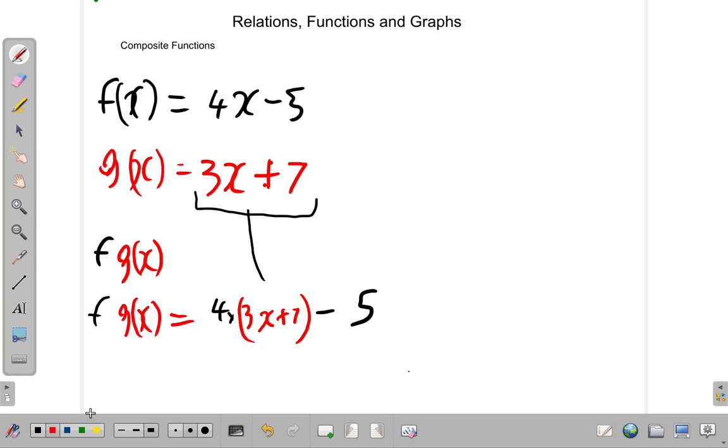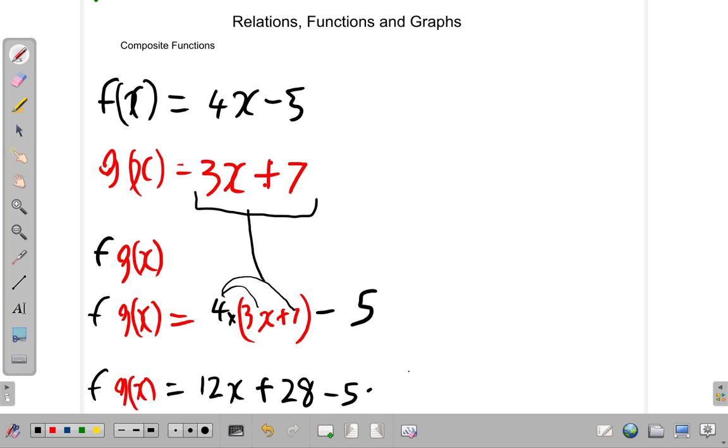Now, let's do our calculation. f g of x is equal to 4 multiplied by 3x plus 7. 4 multiplied by 3x is going to be 4 3s, 12x, plus 4 multiplied by 7 is 28, minus 5.